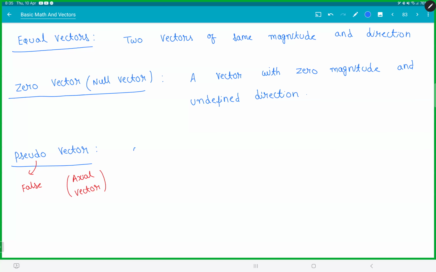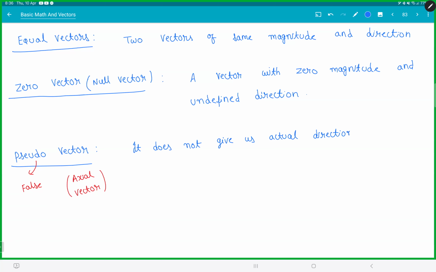So what is a pseudo vector? This is something we made up. It does not give us the actual direction. That is the first thing. It does not give us the actual direction, but it gives us the sense of rotation.